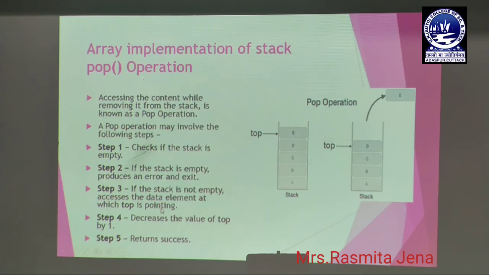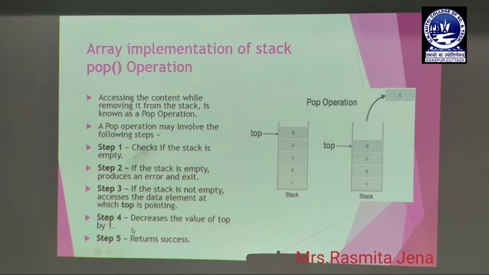From that location we remove that element by executing the pop operation, and after removing that element from the stack, we decrease the top variable by 1 because we are removing the element. In the case of the push operation, we increment the top variable for finding the empty location in the stack.